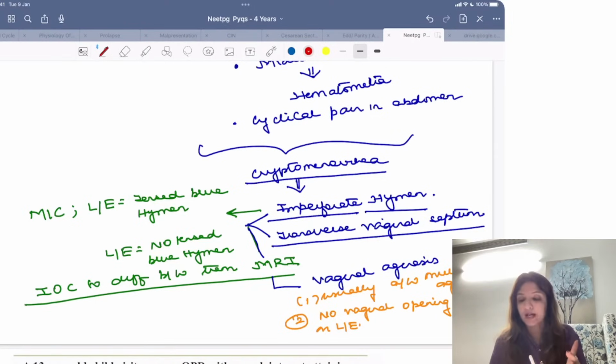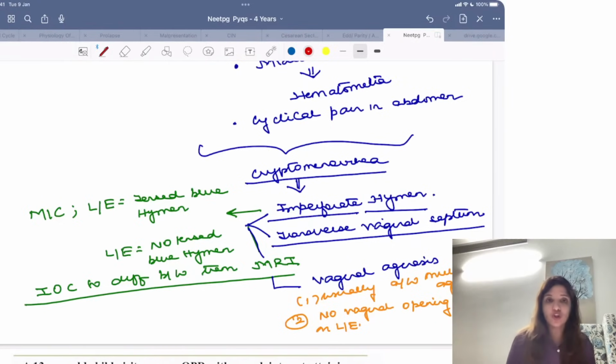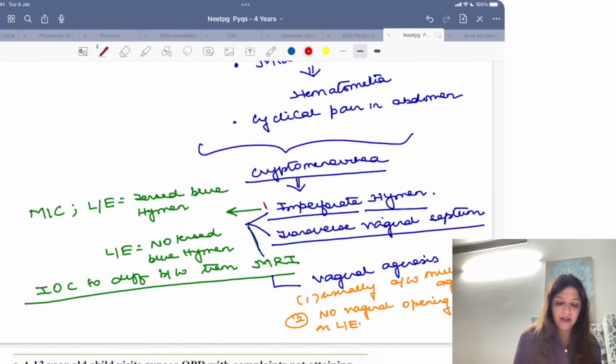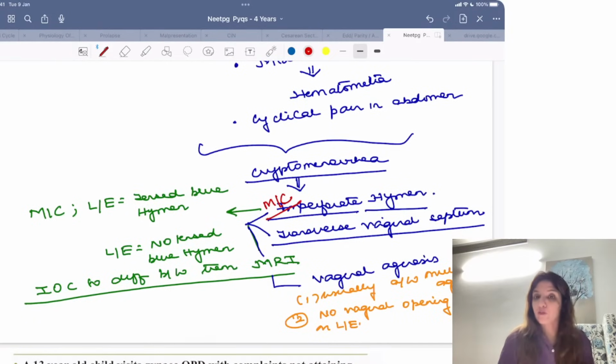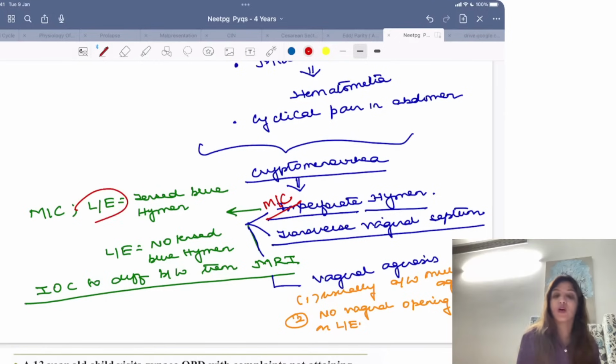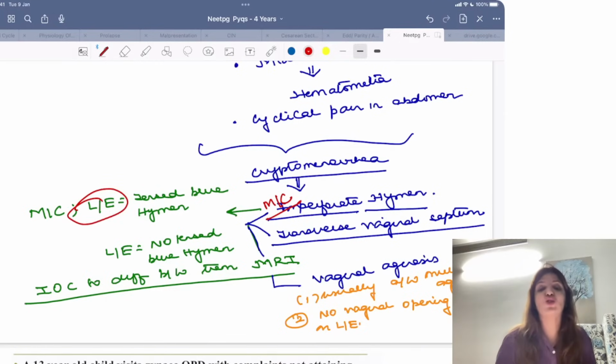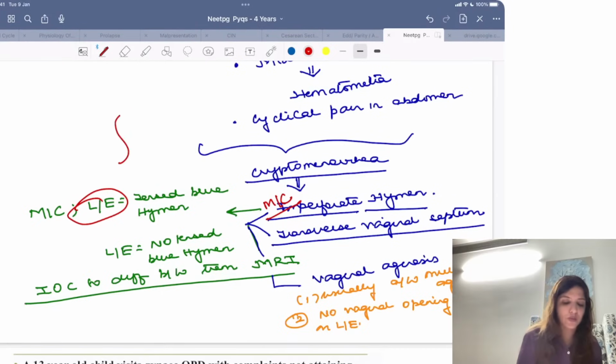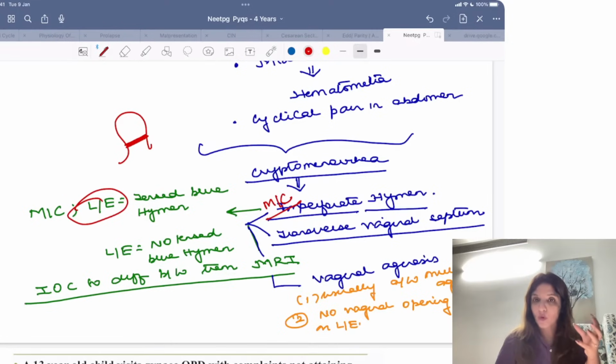All these three are causes of cryptomenorrhea. In cryptomenorrhea, the patient is going to give you history of cyclical pain in abdomen. The most common cause of cryptomenorrhea is imperforate hymen. In case of imperforate hymen, when you do a local examination, there will be a tensed blue hymen. In case of transverse vaginal septum, you will not get any tensed blue hymen.